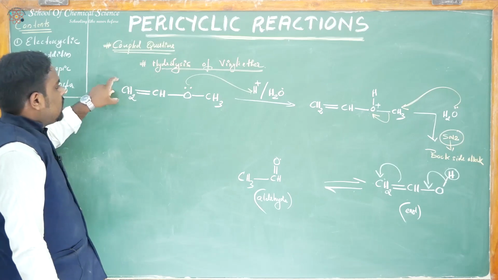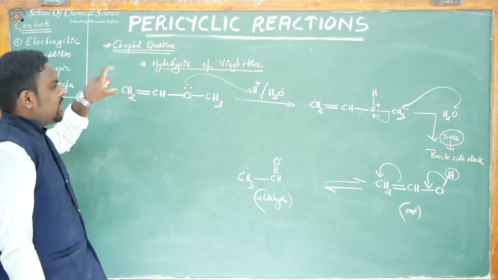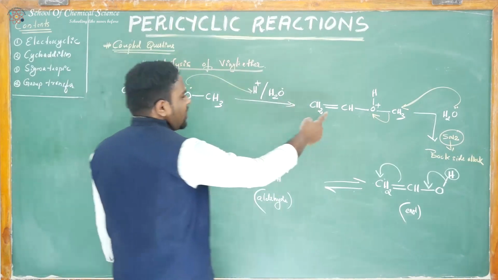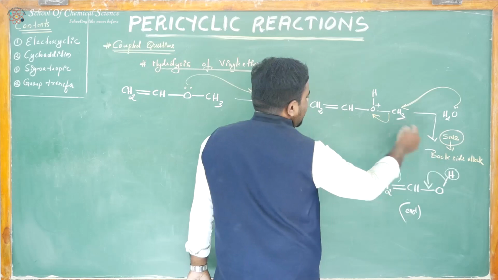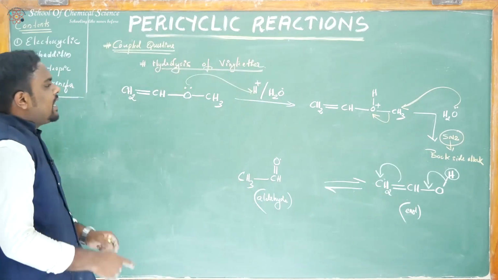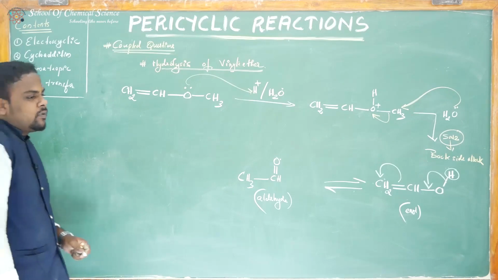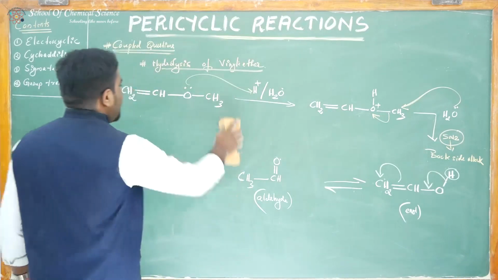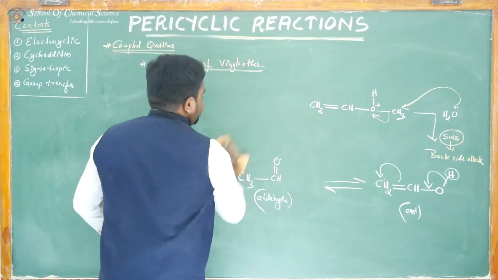So hydrolysis of vinylic ether, H plus, H2O: in the first step protonation, second step SN2 attack to form an enol which undergoes tautomerism to form a carbonyl compound. This type of reaction is called hydrolysis of vinylic ether.